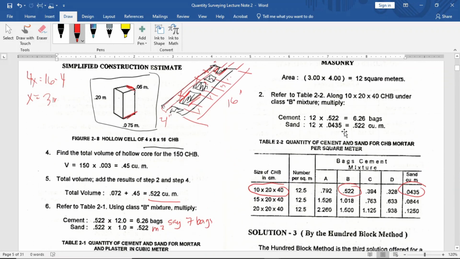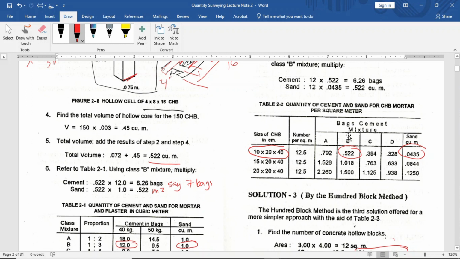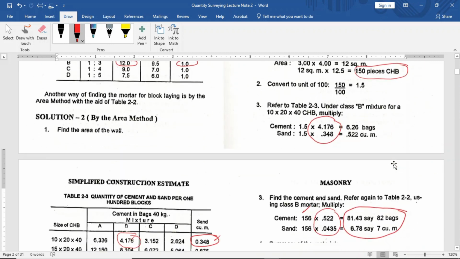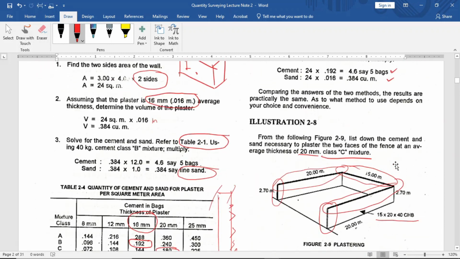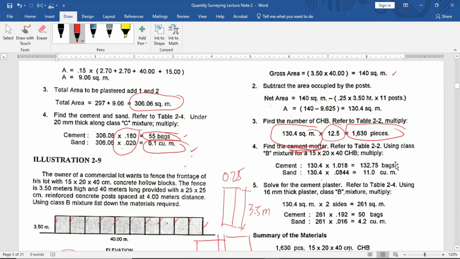Ito yan. So, 1.018 tsaka 0.0844. So, yung area lang ulit kanina, times lang natin sa multiplier natin. So, ang sagot is 132.75 bags and 11 cubic meters of sand.